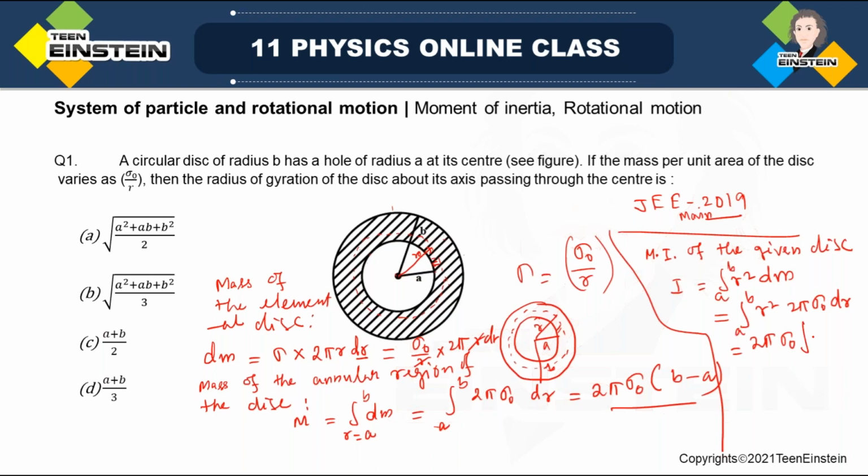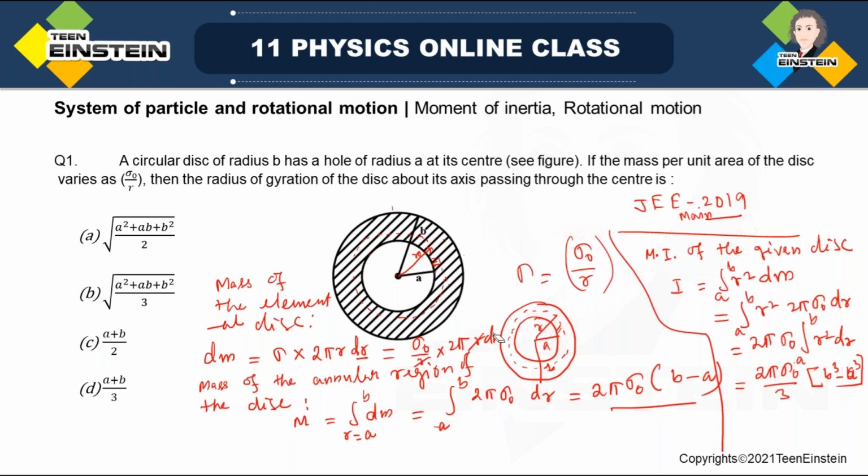So it is now the integral from a to b of r square dr. What we get is 2 pi sigma naught by 3 into r cube, and if you put the limits, it will give b cube minus a cube. So the moment of inertia we have got is 2 pi sigma naught by 3 into b cube minus a cube.